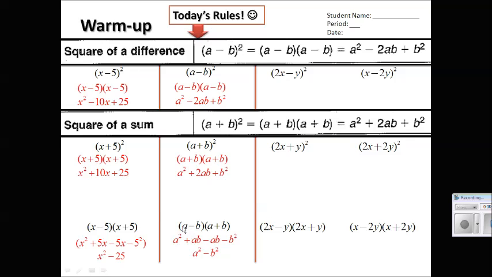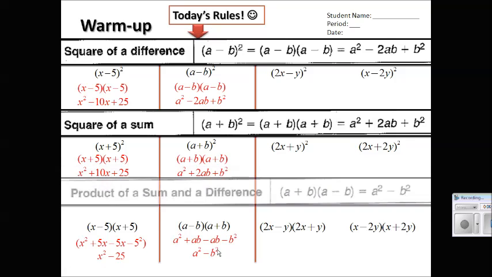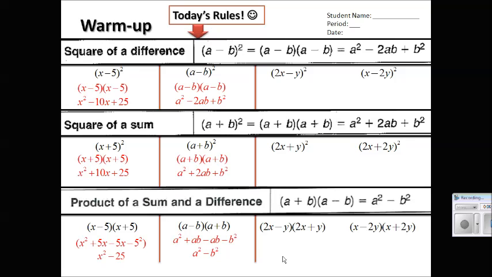So we end up with a squared minus b squared. Notice that it's always a subtraction, because a negative times a positive makes a negative b squared, right? This is called the product of a sum and a difference. If you have a sum and a difference, you can go shortcut straight to the square.